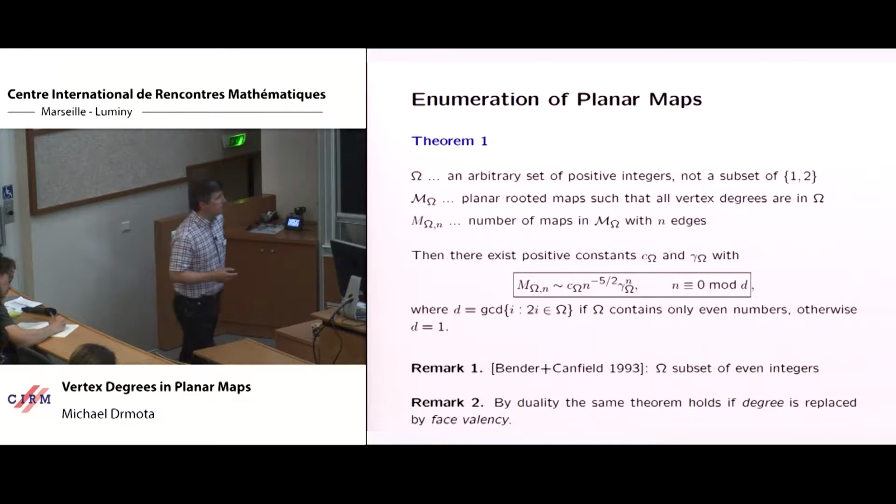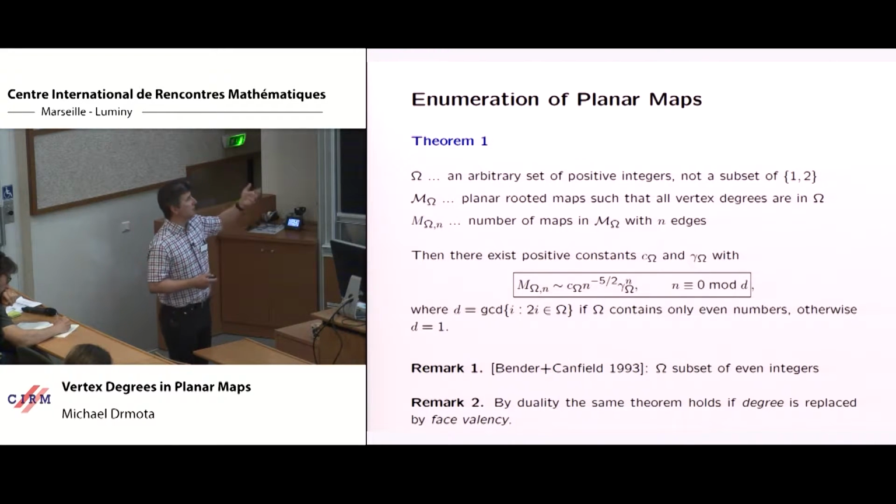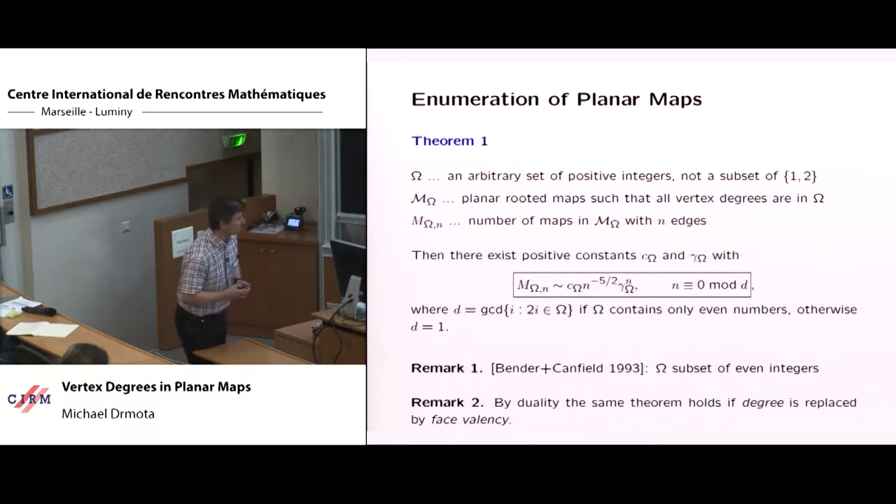As mentioned before, there is a dual version of the theorem, so you can always replace degree by face valency. If you consider the dual graph, then vertex degrees translate to face valencies. So the same theorem says: if you consider planar maps where all face valencies are contained in this set omega, then you get the same asymptotics.